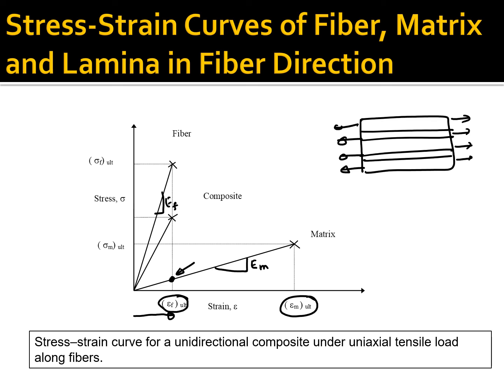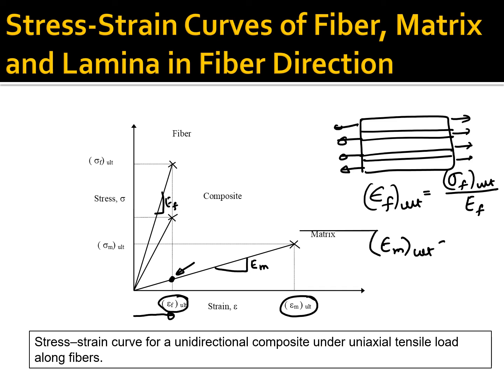So if we want to see how we can use this in order to find out what the ultimate tensile strength is, the first thing we have to understand is that the ultimate strain in the fiber will be sigma f ultimate, the ultimate strength of the fiber, divided by its Young's modulus. The ultimate strain in the matrix will be the ultimate stress which the matrix can take divided by its Young's modulus.